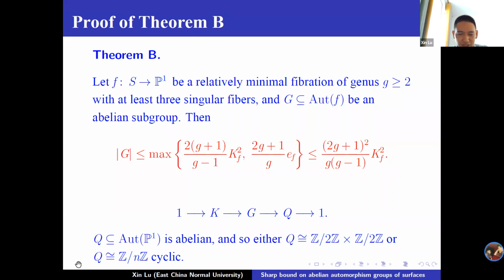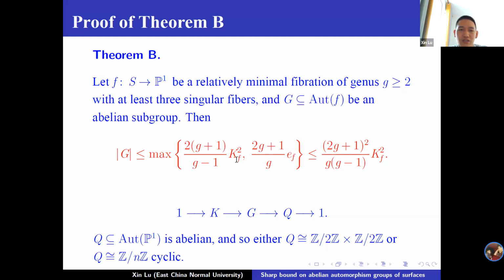So the general case is when this group Q is cyclic. When Q is cyclic, the group Q has exactly 2 fixed points on this P1.